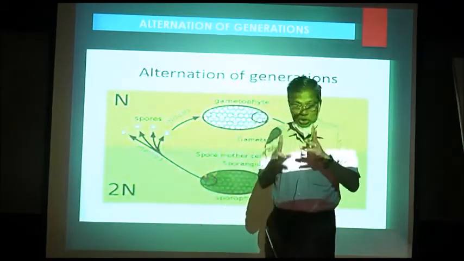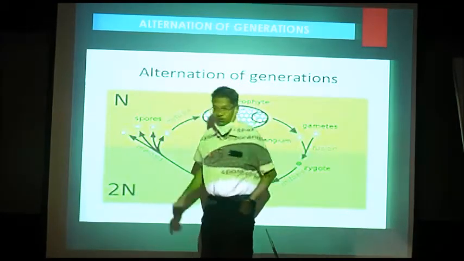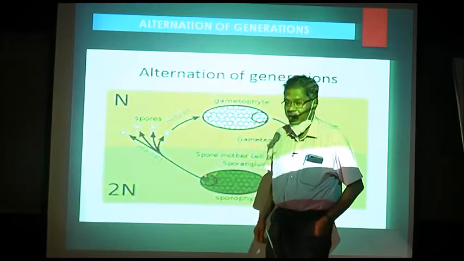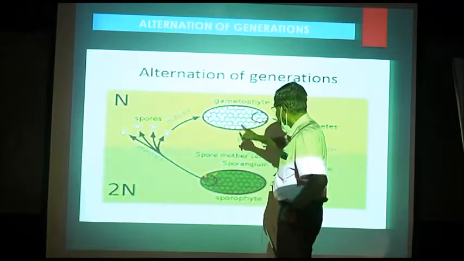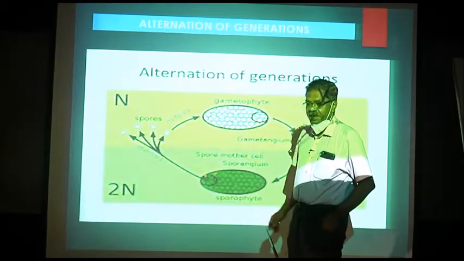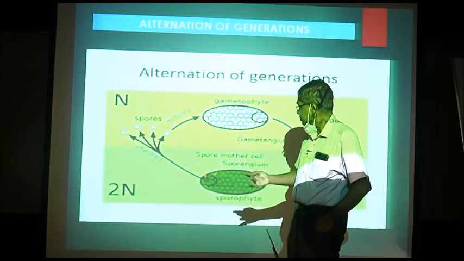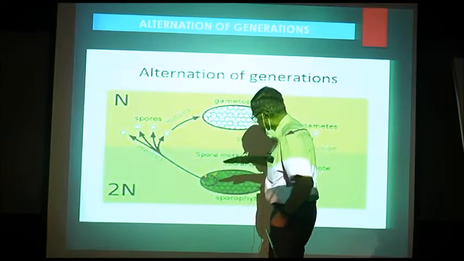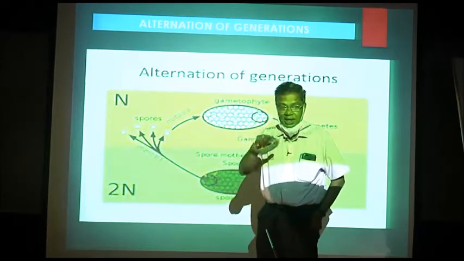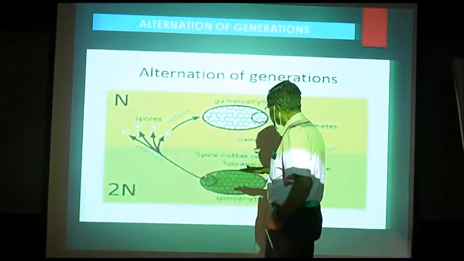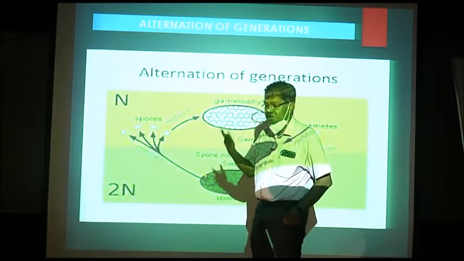There are two generations. One is the sporophyte with 2n number of chromosomes, or diploid, and the other is the gametophyte with n number of chromosomes, and this is haploid. In bryophytes, algae and fungi, the gametophytic generation and sporophytic generation are almost equal. You can clearly distinguish the gametophytic generation and sporophytic generation.